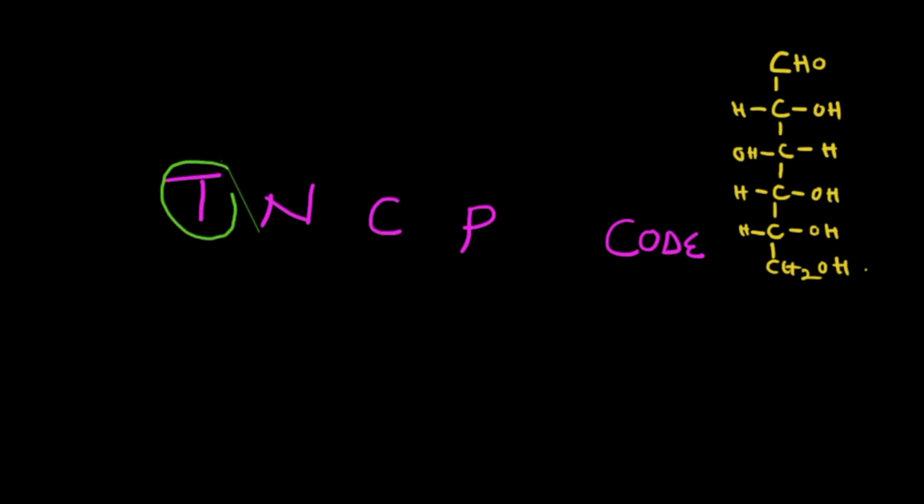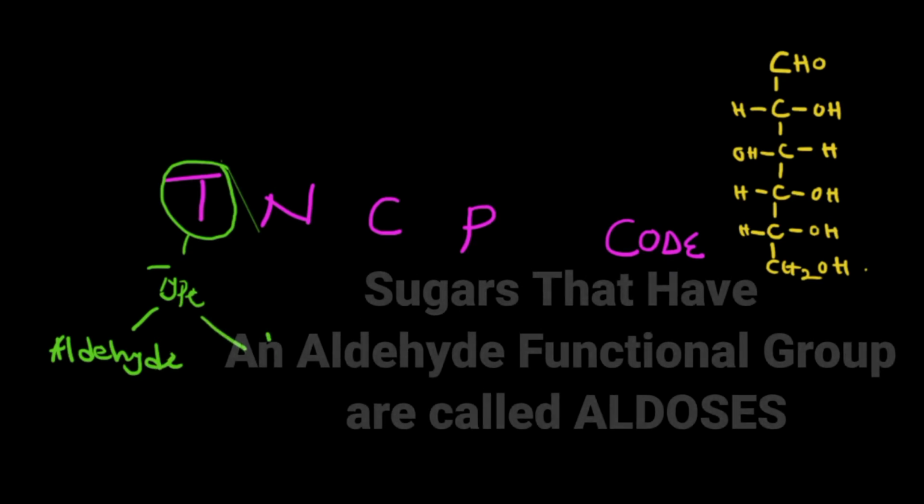I am using T to refer to the type of monosaccharide, the type of the sugar. Based on the functional group, we have two types: aldehyde or ketone.